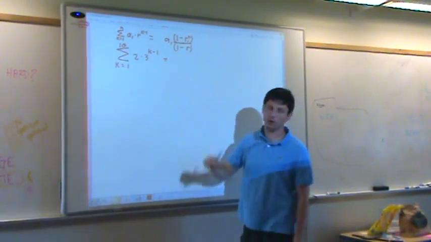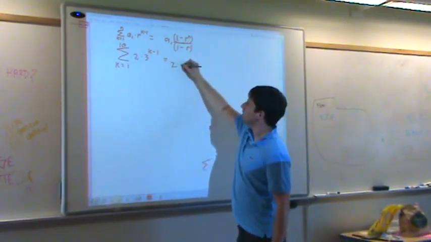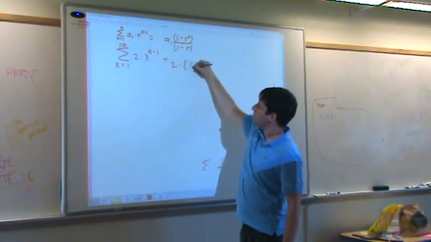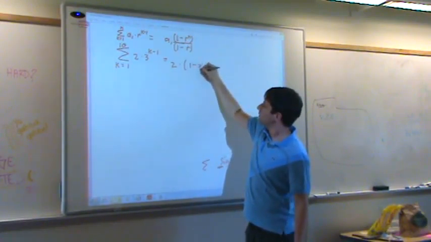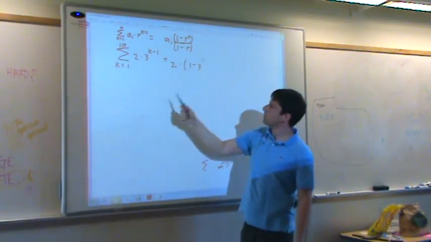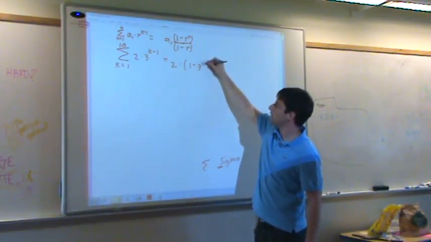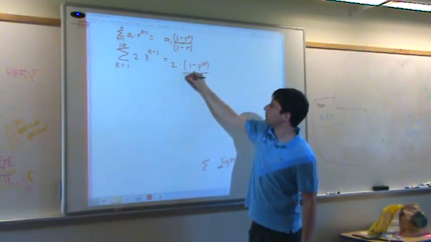Okay, so what's A1 here? 2. Good thing to put on your note card. Times 1 minus, what's r? 3. Good, to the what power? Where's n in this whole thing? 10. Good, over 1 minus 3.